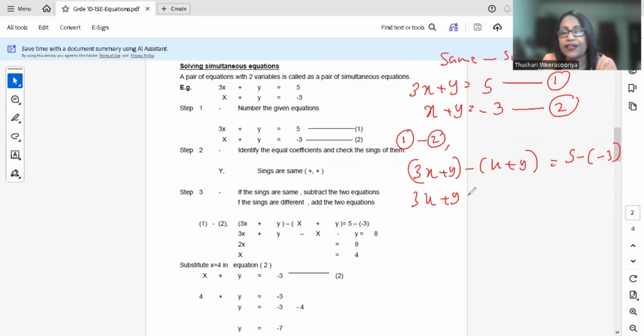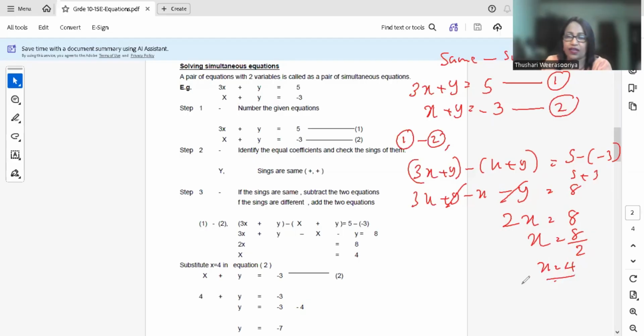Now we remove the brackets. 3x plus y minus x minus y. This is 5 plus 3, that is 8. Now here, y and minus y are cancelled. Then the final answer is 2x equals 8. There you get the x answer. We removed y.